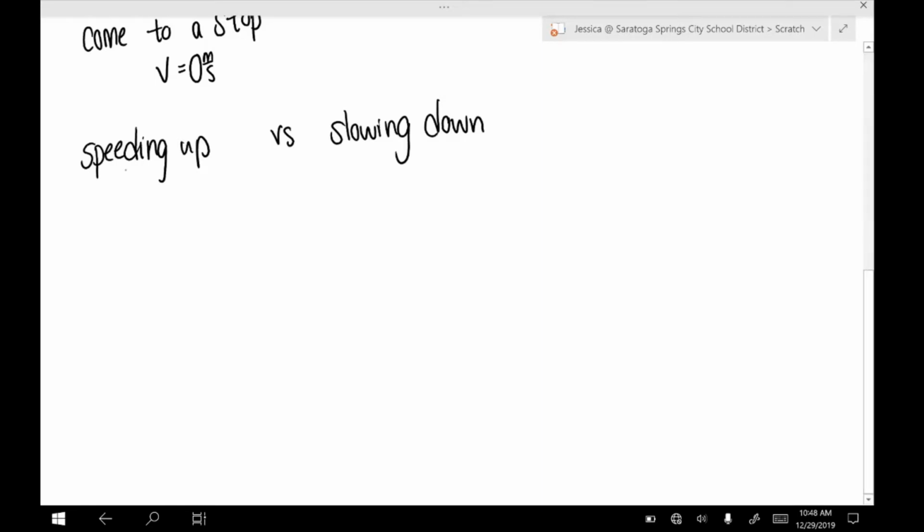If we are speeding up, that means velocity and acceleration have the same direction, so both positive or both negative. And if we are slowing down, velocity and acceleration are in opposite directions, so one positive, one negative.